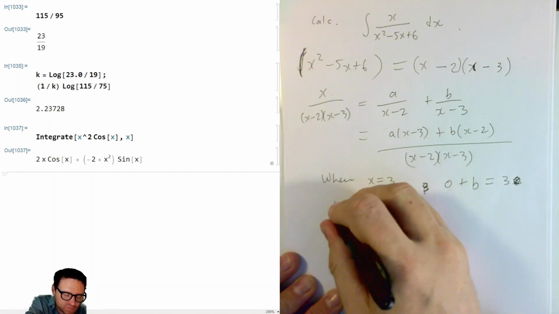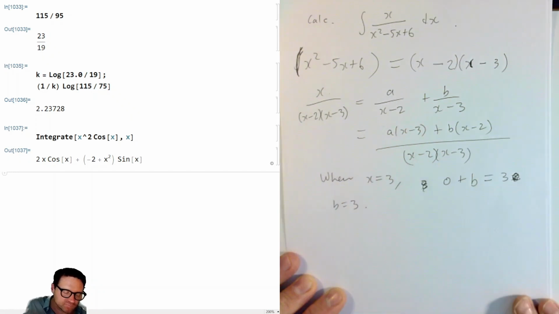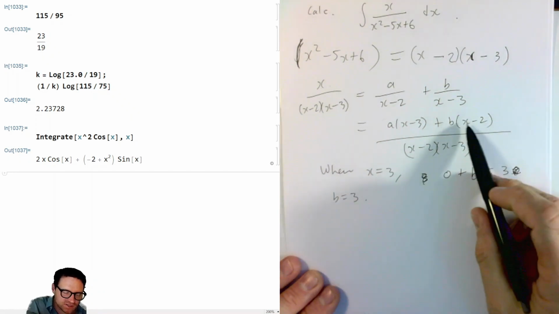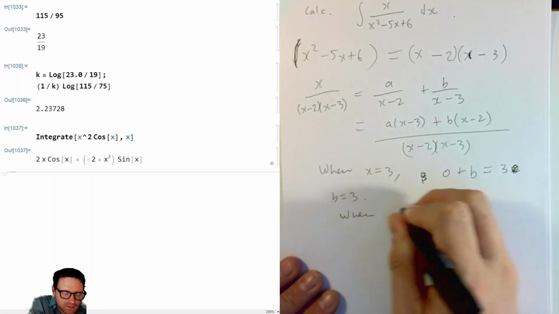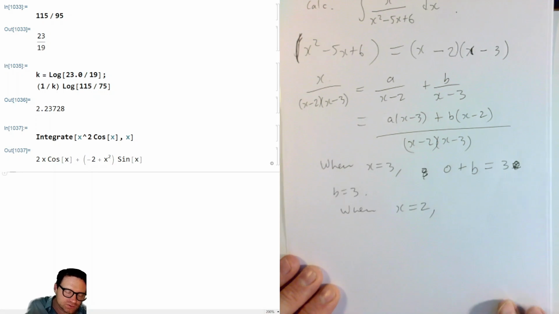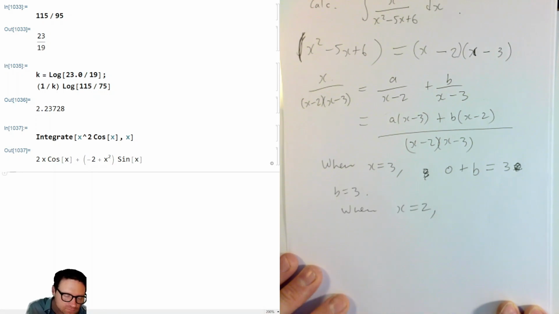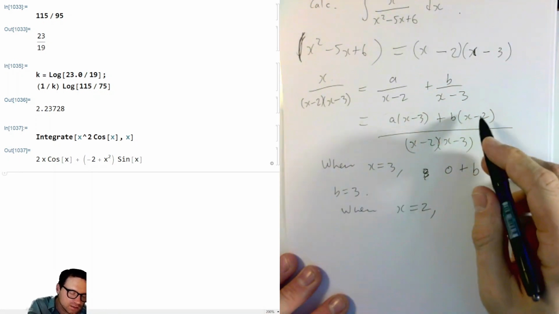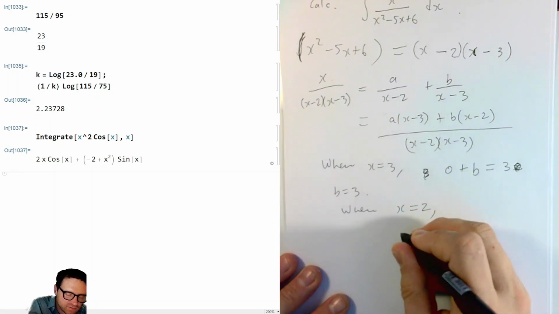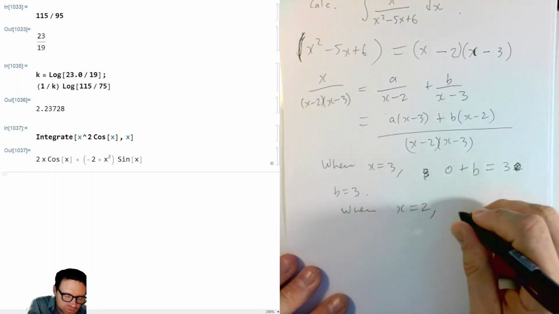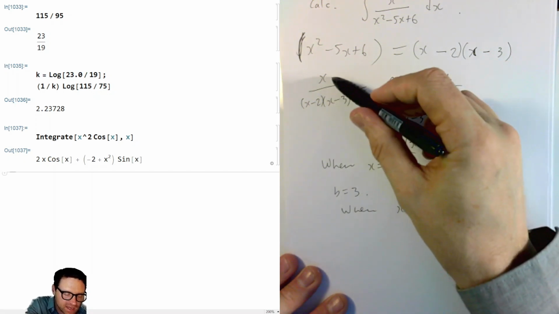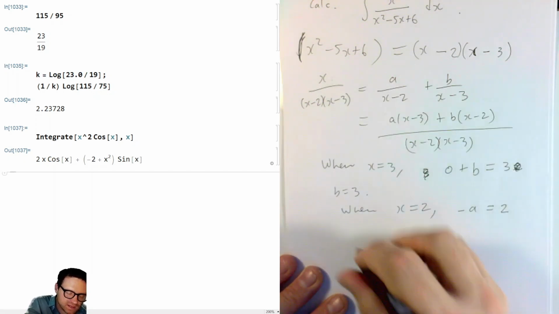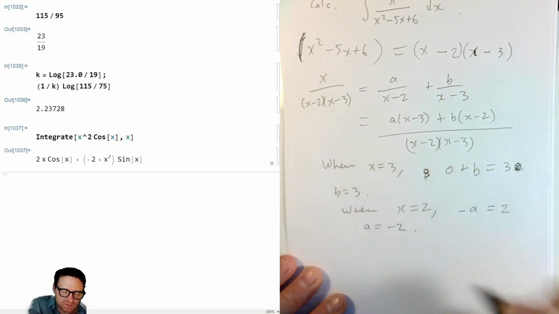And so that gives b is equal to 3. Okay, now let's choose the other term so that that vanishes. So when x is equal to 2, this vanishes, and we have 2 minus 3 is minus 1, so minus a is equal to x, which is 2, and that gives you a is equal to minus 2.